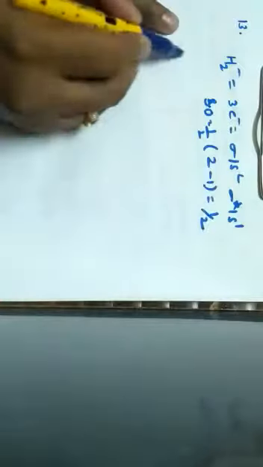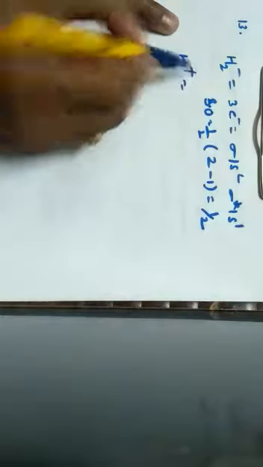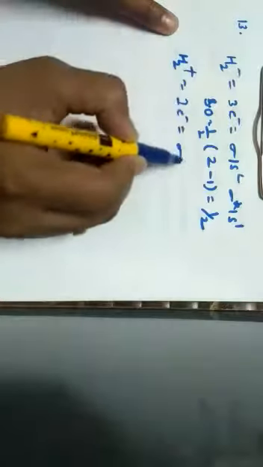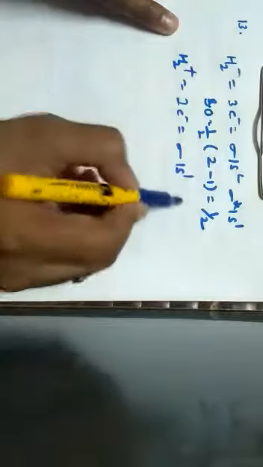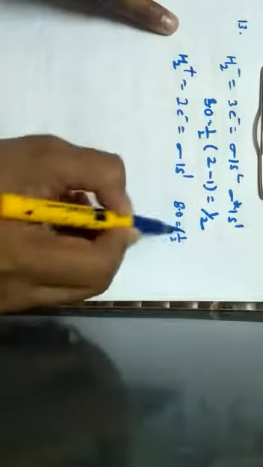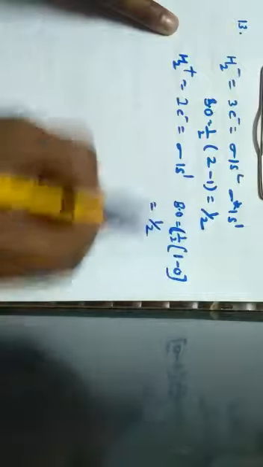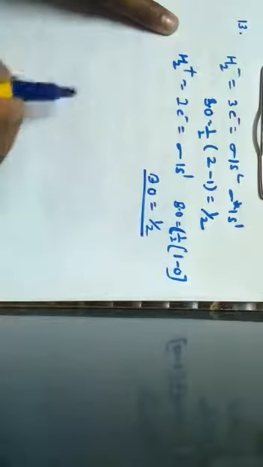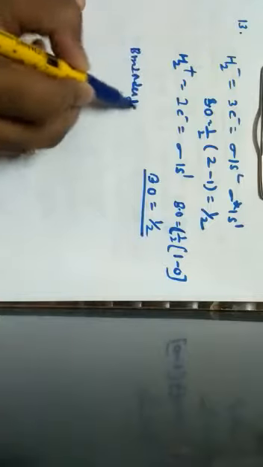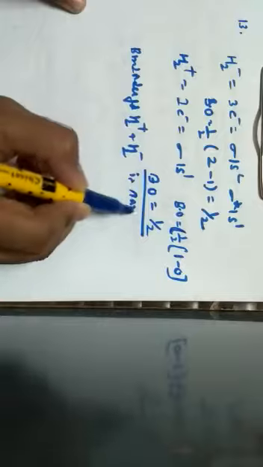Bond order is half. If I calculate for one more, that is H2 plus. H2 plus means the electron has been removed. Now there is only one electron. It is represented as sigma of 1s1. Therefore, bond order is equal to 1 by 2 into bonding is 1, anti-bonding is 0. Again bond order is 1 by 2. So here the bond order for H2 plus and H2 minus is the same.